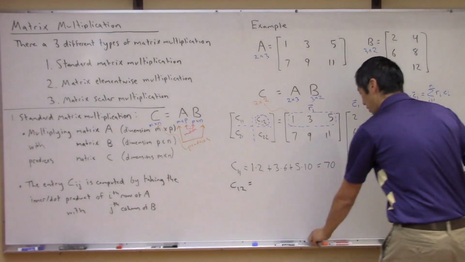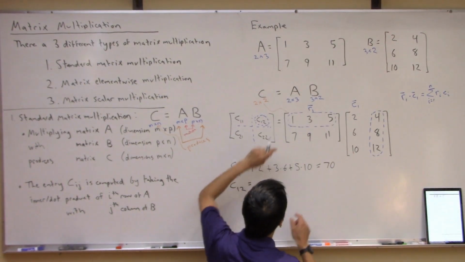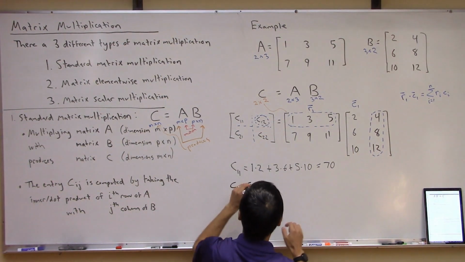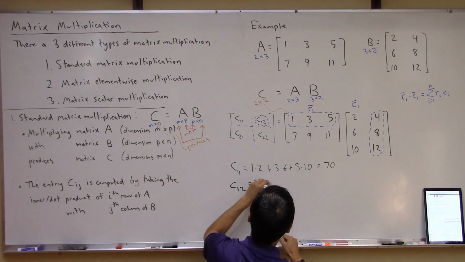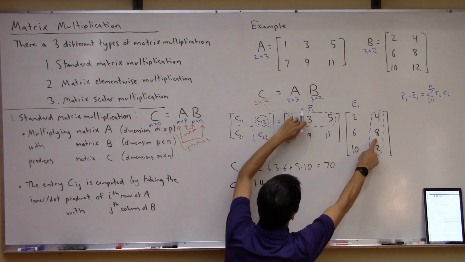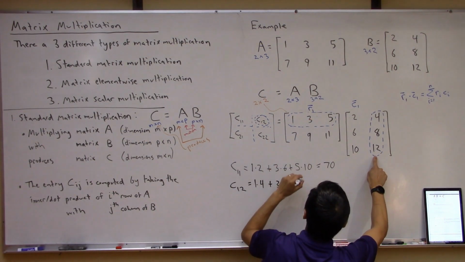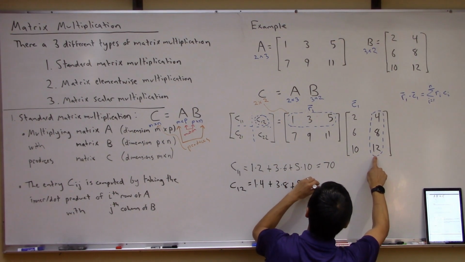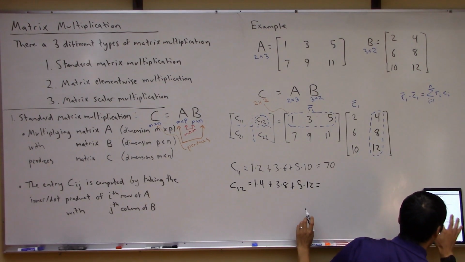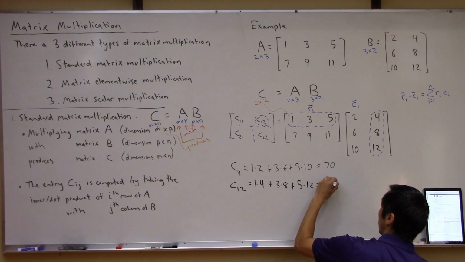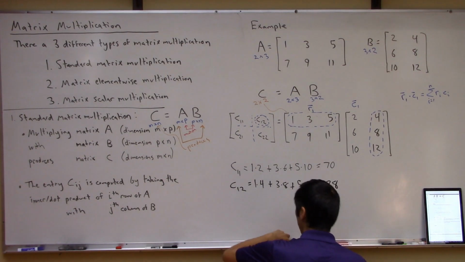And now I do the exact same operation. It is now the first element times the first element, so it's 1 times 4, plus second element times second element, 3 times 8, plus third element times third element, 5 times 12. So you do that and you end up with 88. All right, now let's keep going.